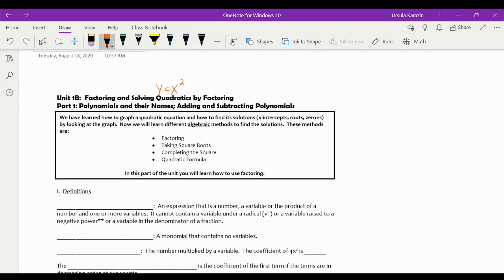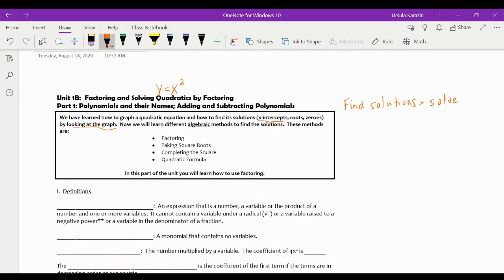Now we learned how to graph a quadratic and we learned how to find its solutions. Remember, to find solutions, that's the same as solving. So if we are solving, we're finding solutions. We found solutions in the first unit, 1A, by looking at the graph. Okay. Now what are solutions?